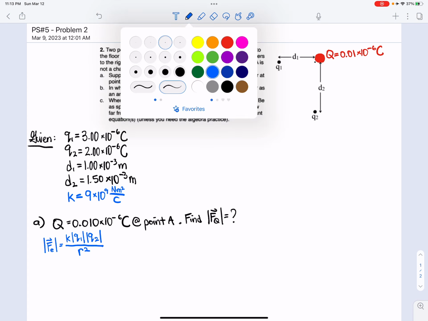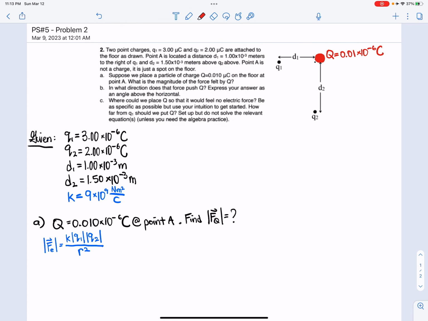K is the electrostatic constant, so that never changes. Q1 is going to be one of the charges. We solve for one at a time: we have force due to Q1 and force due to Q2, so we're not going to combine them right away. First, I want to know the force from Q1, so I'll plug in Q1 right here.